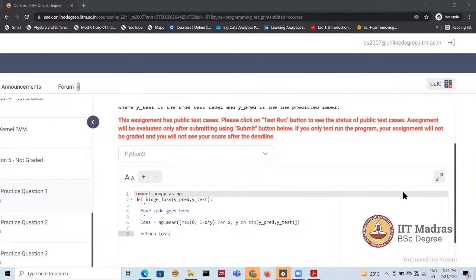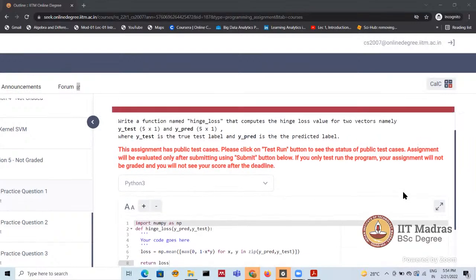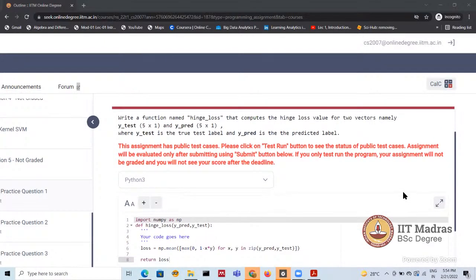Since the size of the vector is 5 cross 1, you have 5 elements, which means 5 samples are given to you with 5 labels. So we are considering the mean of the value. That is why we have taken the loss value as np dot mean. This is how you implement this hinge loss.